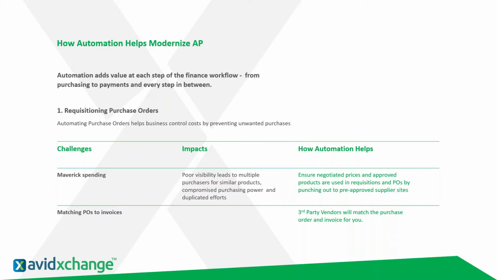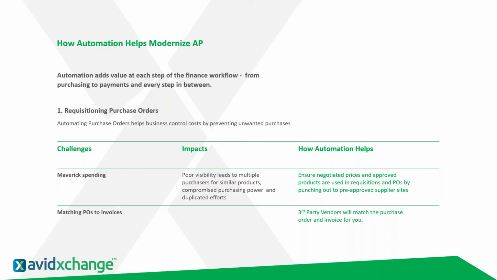So the first challenge: requisitioning POs. Why did you implement a purchase order process to begin with? It was really to track spending and have more control and visibility. We use the term maverick spending, so just not going crazy and continuing to order stuff.